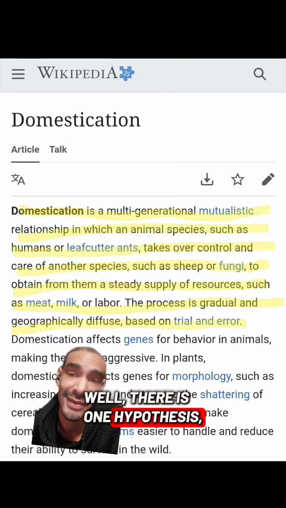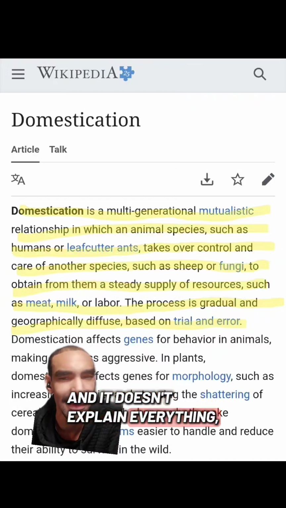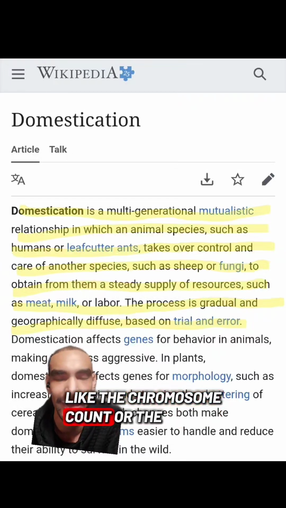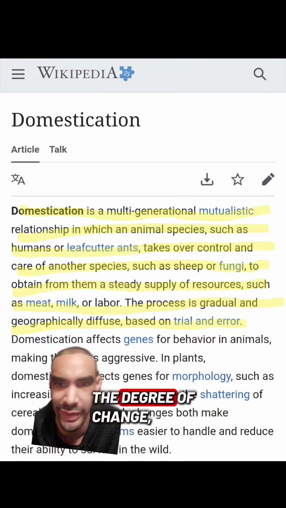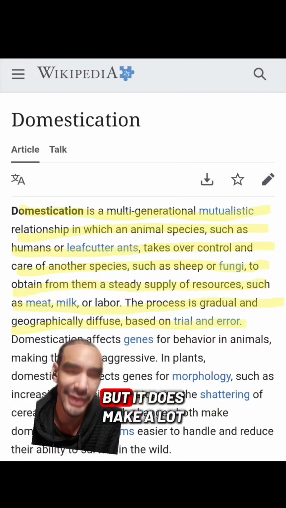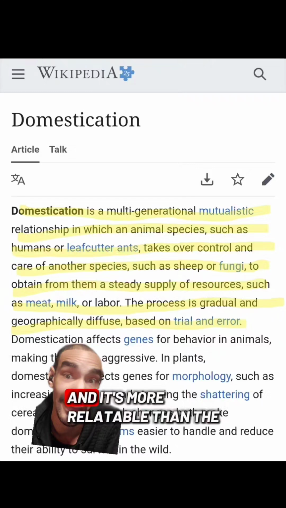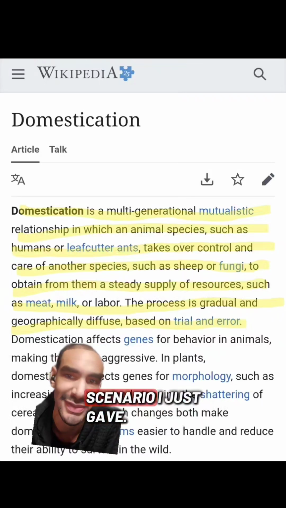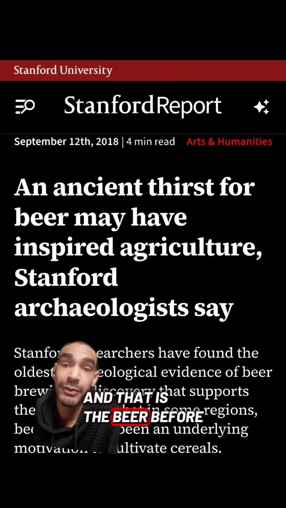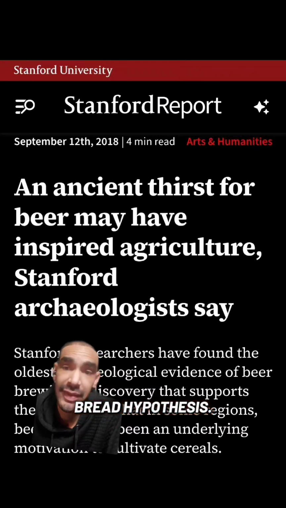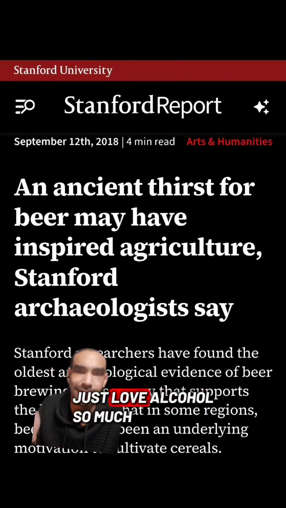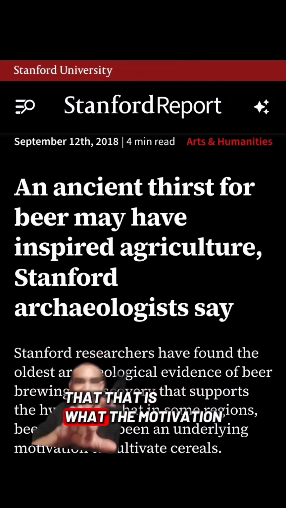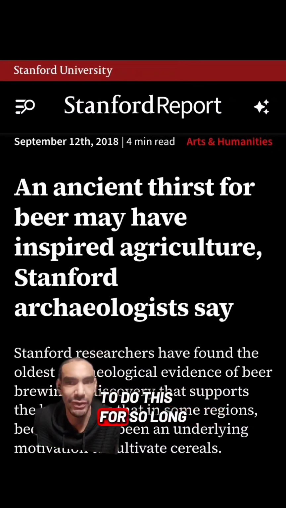Well, there is one hypothesis, and it doesn't explain everything, like the chromosome count or the glooms and rachis, the degree of change, but it does make a lot more sense, and it's more relatable than the scenario I just gave. And that is the beer before bread hypothesis. And that basically says that people just love alcohol so much that is what the motivation to do this for so long was.